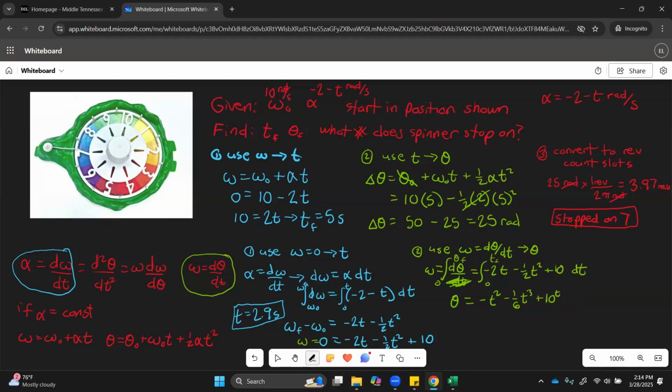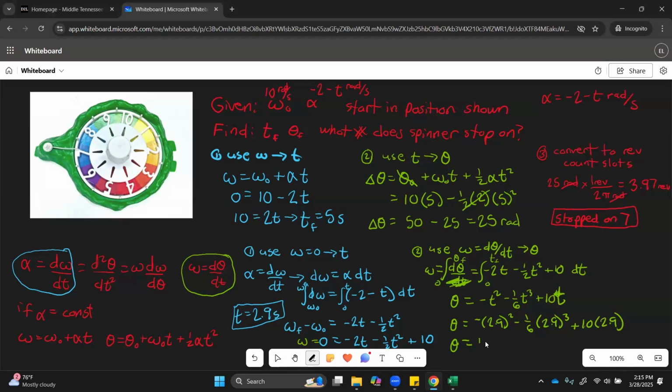That should not be an exponent, that is a t. And that's from 0 to t final, so the zeros wouldn't leave anything there. Now we're going to plug in our t equals 2.9 seconds. So go ahead and do that and see what answer you get.